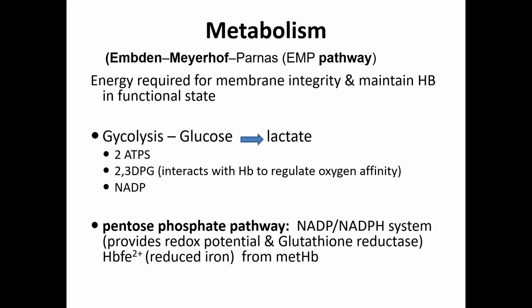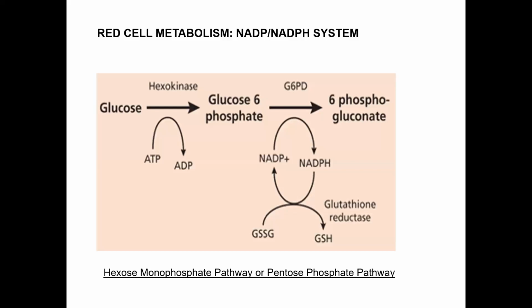When it is in the oxidized form, this is associated with increased cell destruction. Again, remember I said it is important for the red cell viscosity that the hemoglobin is in its normal form. So this is, again, just a revision of your NADP, NADPH system.